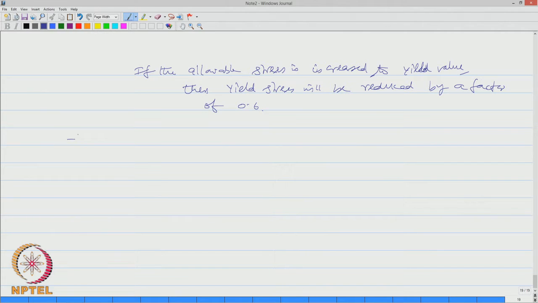There are some limitations of the zone method.